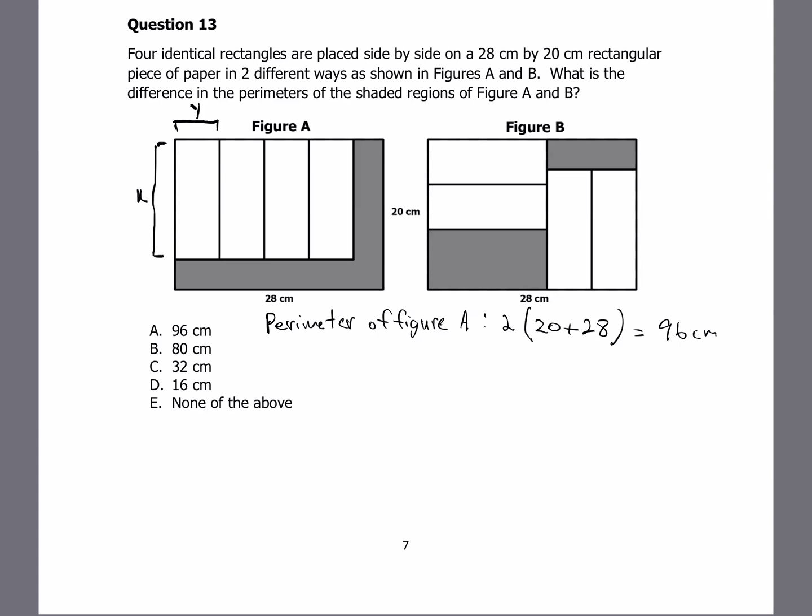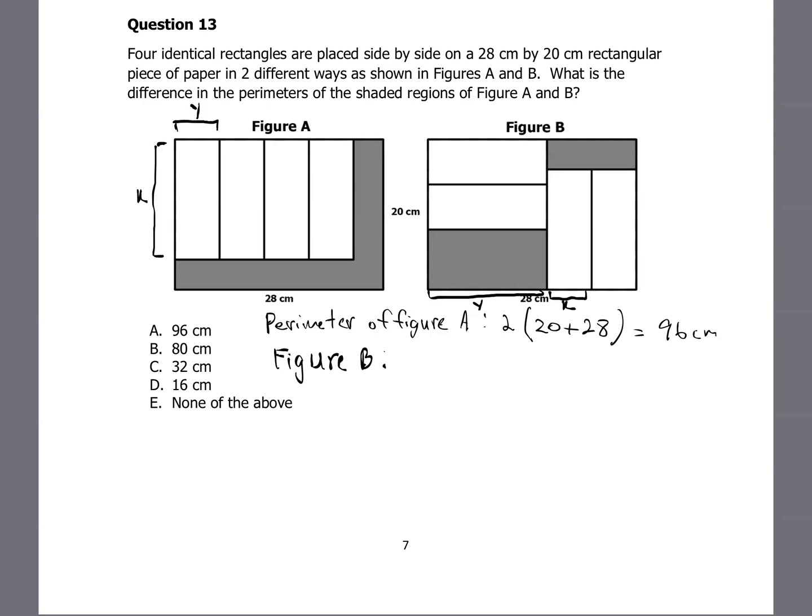So basically in figure B, this is x, while this is y, similar to figure A as well.